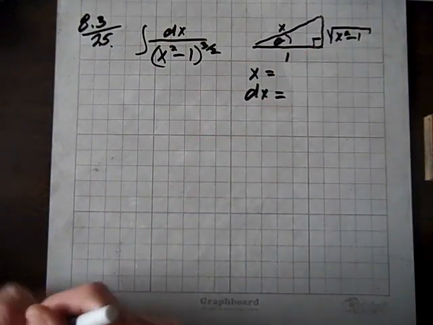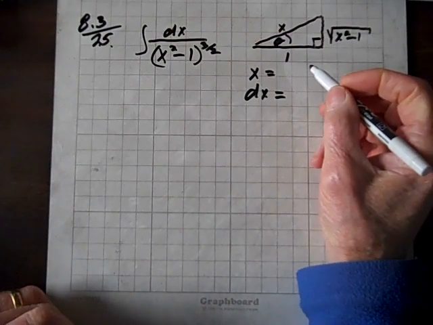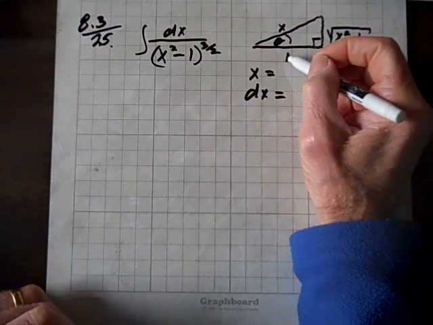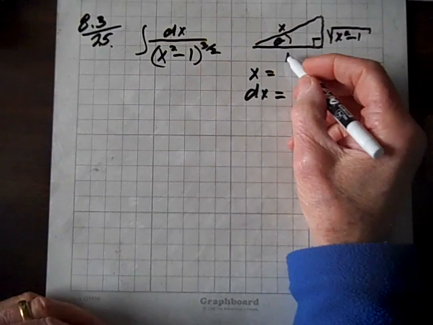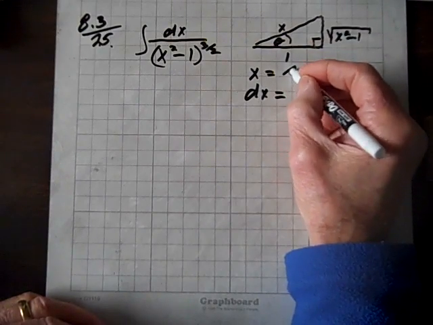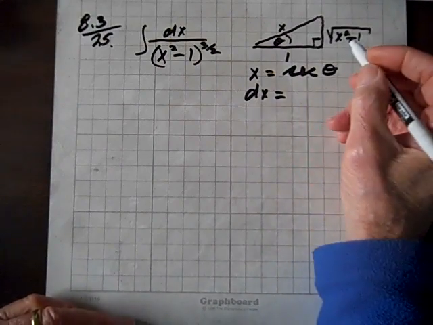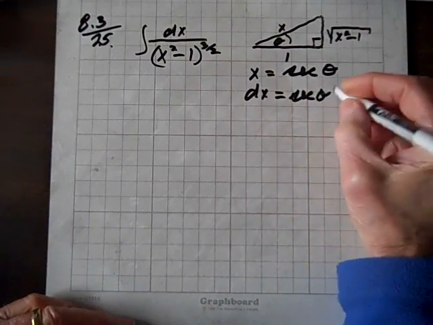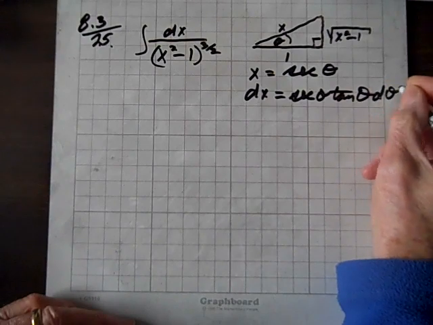And so in this case, secant theta equals the radius over the length of the side adjacent, and so that's x over 1, and so x equals 1 times secant theta, or secant theta. dx equals secant theta tan theta d theta.